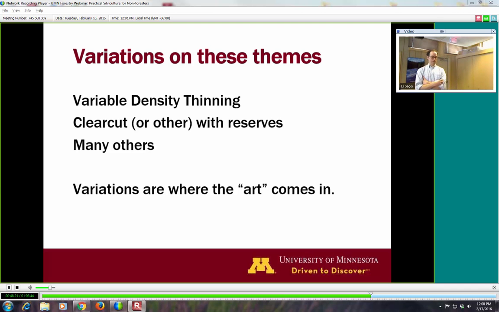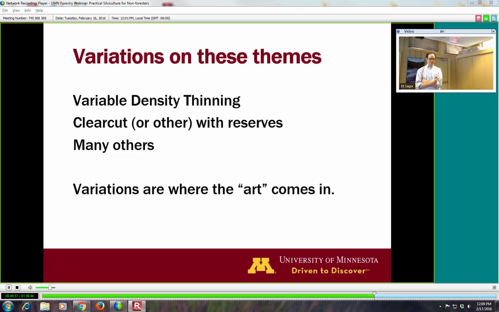We hear more and more these days about an approach called variable density thinning, in which thinning occurs throughout the stand, but there might be gaps, higher density thinning, more trees removed in some areas, fewer trees removed in other areas, some areas left entirely intact, and so on, to provide more complexity, more structure, and diversity within that stand.